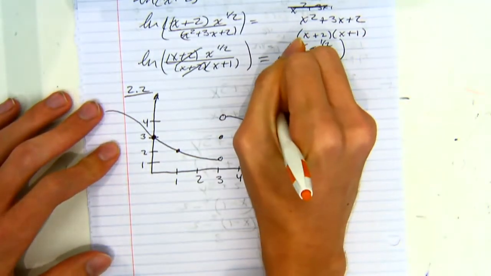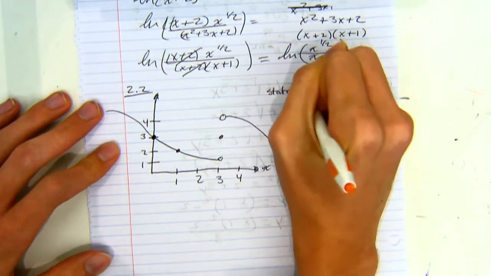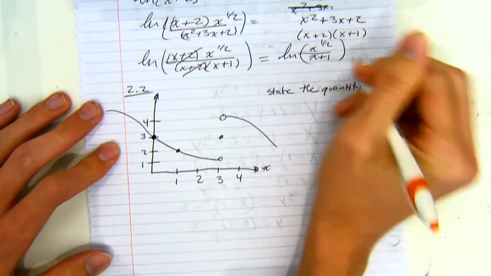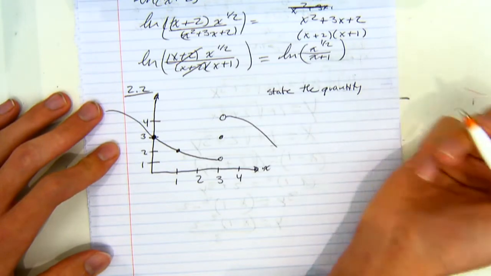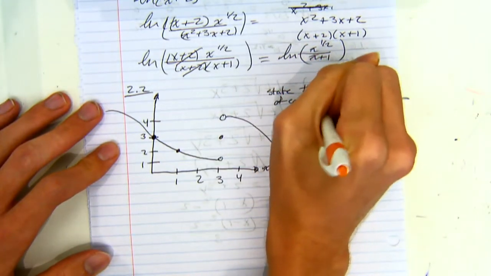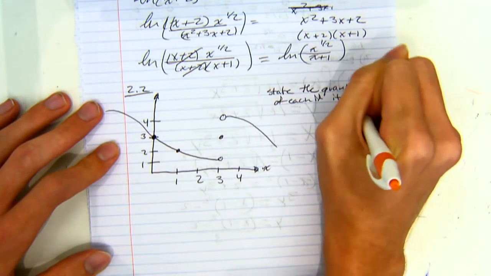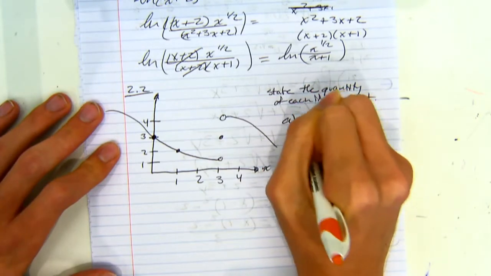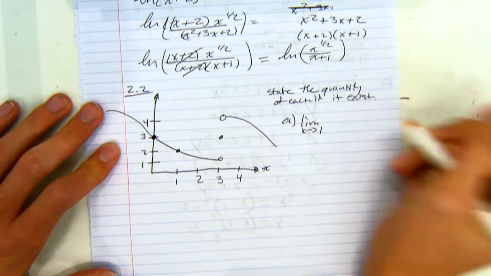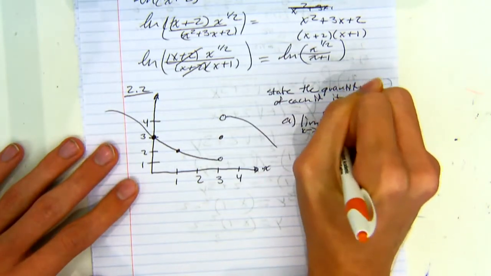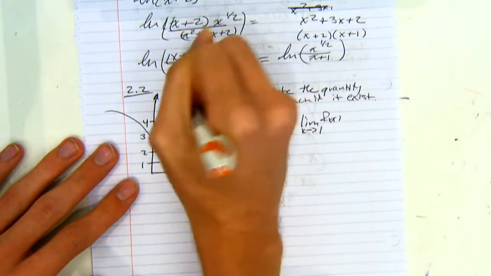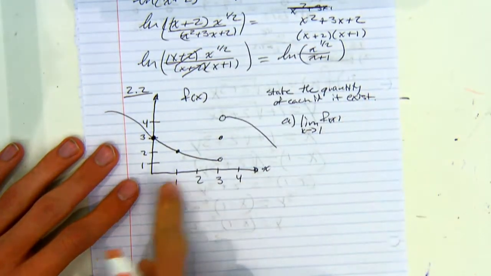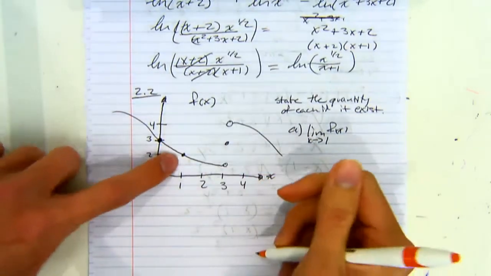All right, so state the quantity of each if it exists. So the first one, the limit as x approaches 1 of f of x. Oh, by the way, this is a graph of f of x. So as x approaches 1, we go in from both sides, basically, and it's 2.